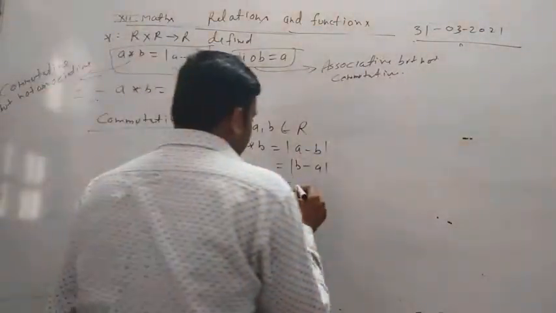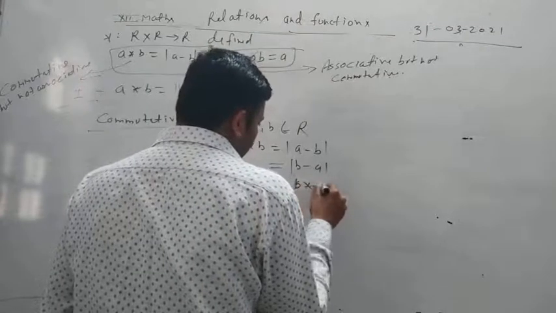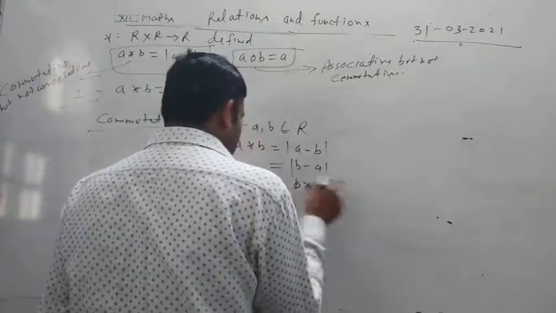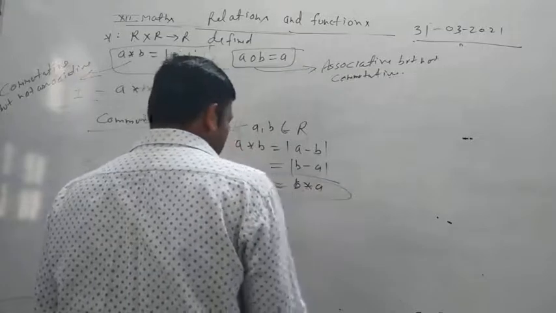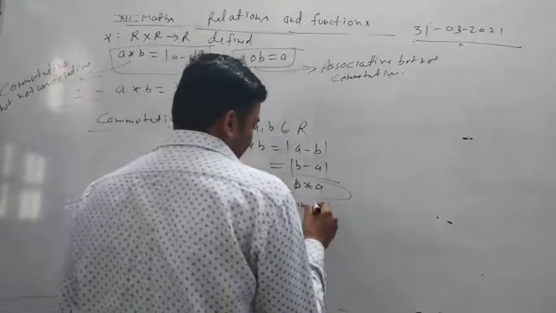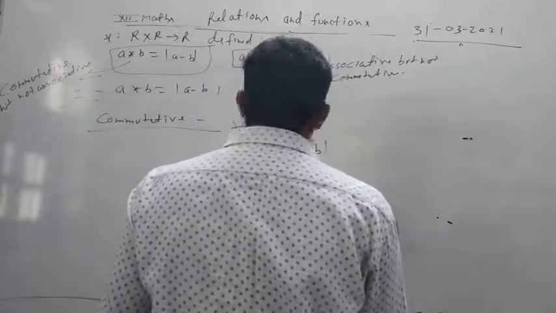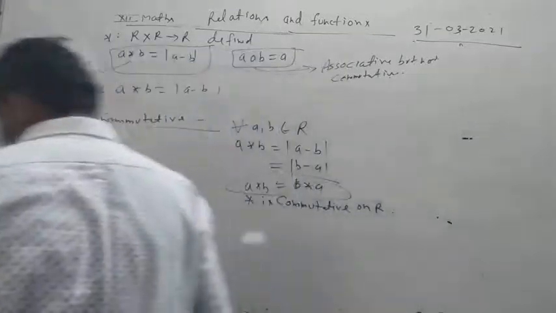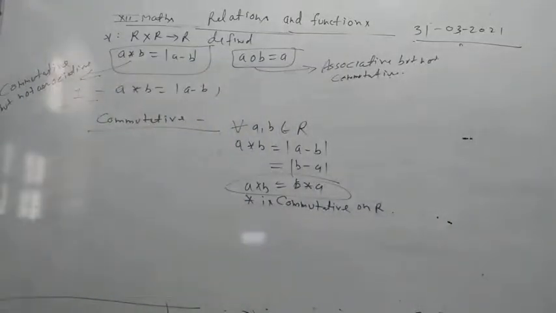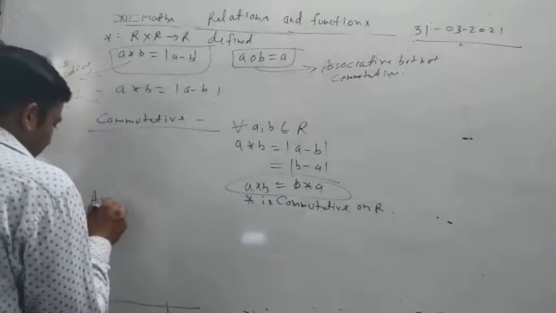So we write this is equal to b star a. So a star b is equal to b star a. So star is commutative on R, because both are the same. Now we check for associativity.